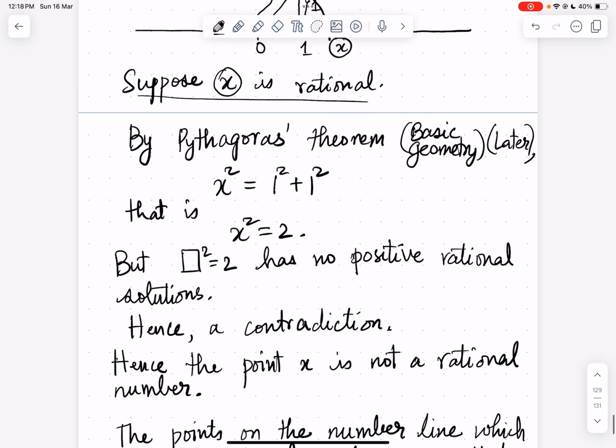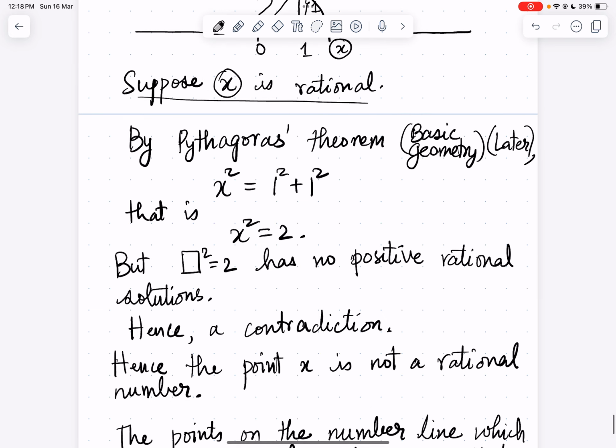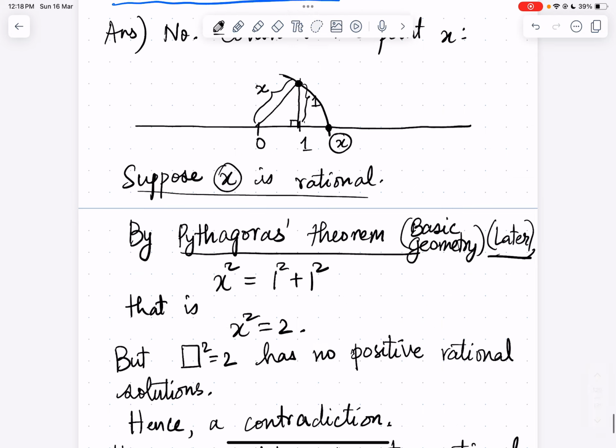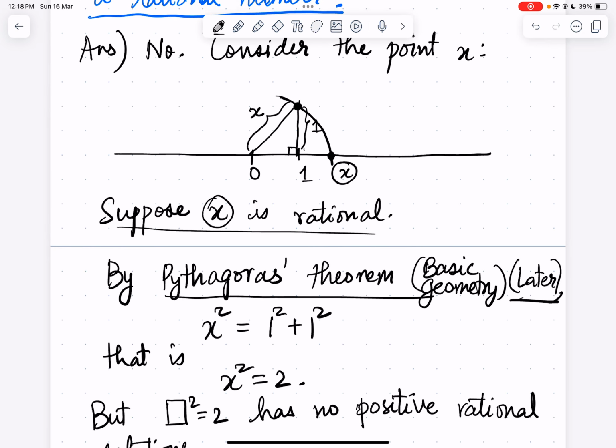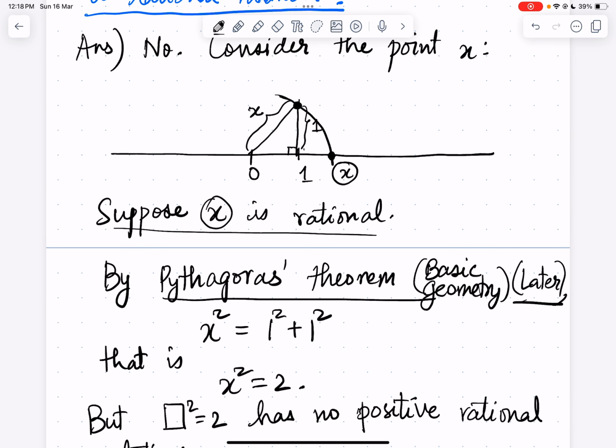Here we crucially used Pythagoras theorem. This we'll show later. This is a fact in basic geometry. We have not yet understood how to square any length, but we know how to square a rational length. We know how to do arithmetic with rationals so far.